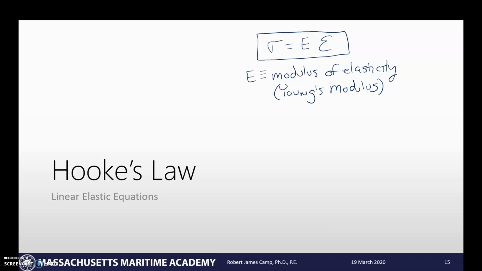Now, Hooke's law only works for materials that exhibit linear elastic behavior. Basically, the materials that we'll be dealing with in class will. Things that don't have linear elastic behavior would be like viscoelastic materials, and those are materials where their strain rate changes depending on how much force you apply to it, one of which would be your knee.